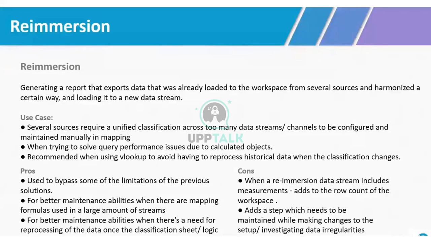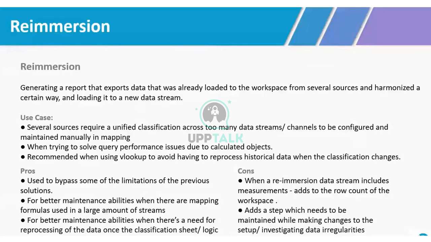Re-immersion is used in cases where we have a scenario or situation. When I am talking of re-immersion, from now onwards I am talking of 100 data streams together. 100 data streams is like a hypothesis we have taken.